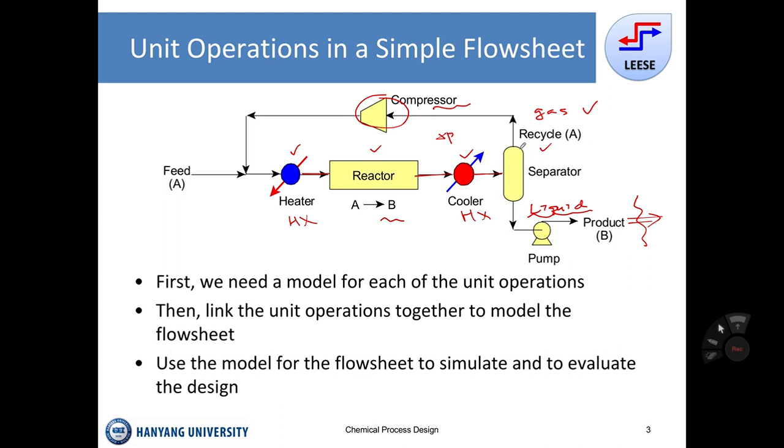Then we have to install compression when the pressure should be increased. So the unconverted material A is recycled back and combined with the feed A, then reheated through the heater, then used as the feed in the reactor.